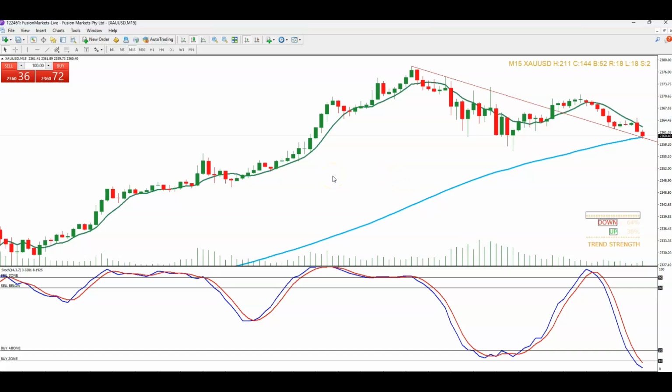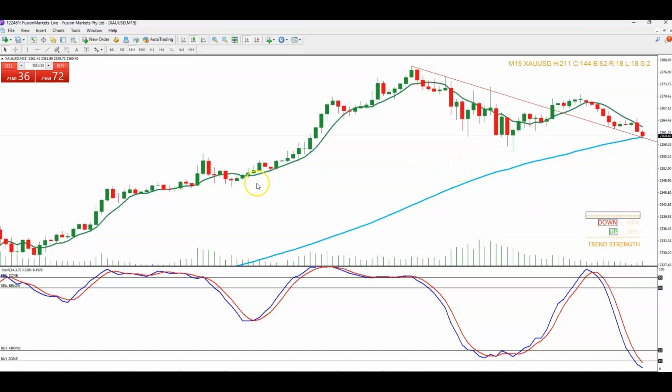So here are the rules. Oh, also I've got the trend meter, just to put this onto your chart if you fancy that. This tells you where the trend is for now. So this is gold. Markets are closed now, but gold is saying 64% chance of going down, and as we can see, there's been a bit of weakness coming into the market.